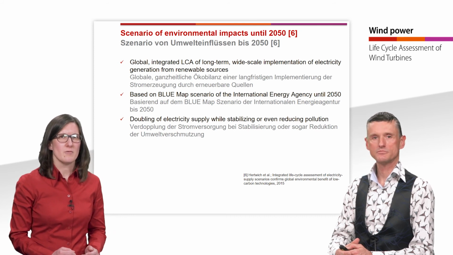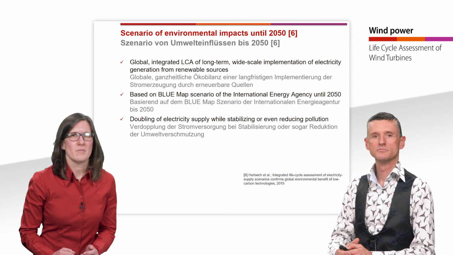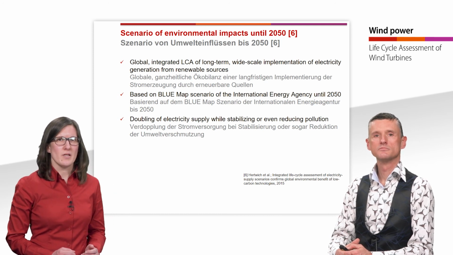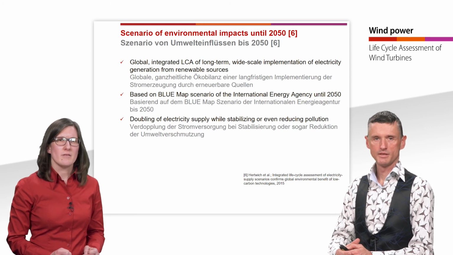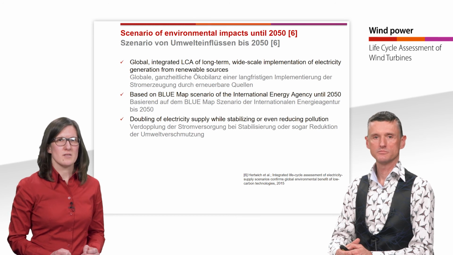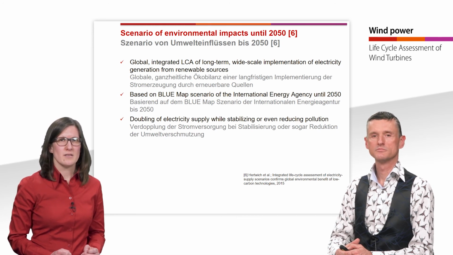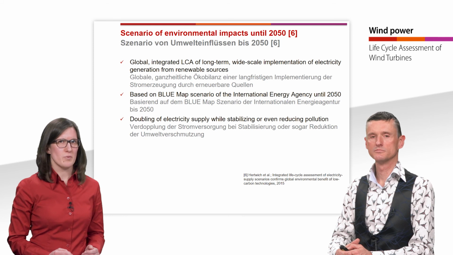The Blue Map scenario is a scenario of implementation of renewable energies. And the study comes to the conclusion that under these circumstances, a doubling of electricity supply with stabilizing or even reducing pollution is possible.